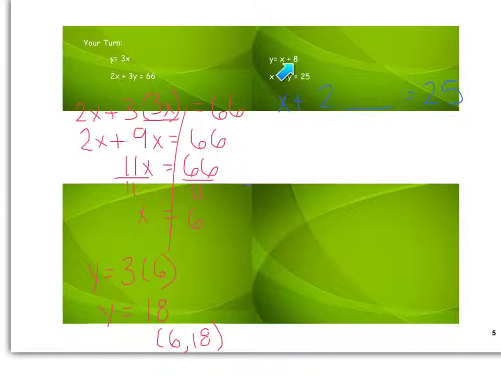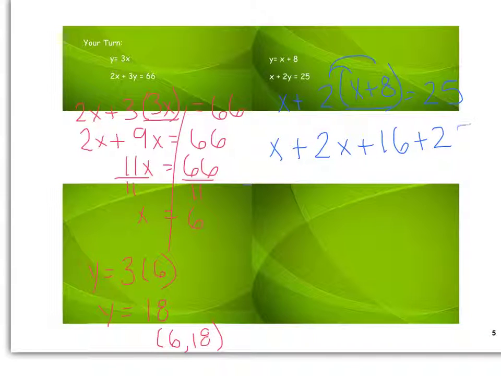So I'm going to substitute in this x plus 8 because I know that's what y equals, and solve from there. X plus, remember to distribute the 2 to both pieces, so 2x plus 2 times 8, 16 equals 25, my mistake.